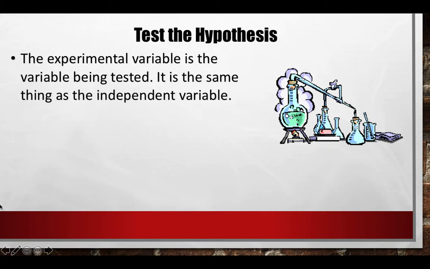Now, the experimental variable is the variable that's being tested, and actually it's the same thing as the independent variable. So really we're working with three different variables instead of four. It's just that one of them has two different names. And the name that it has depends on what you're comparing it to.